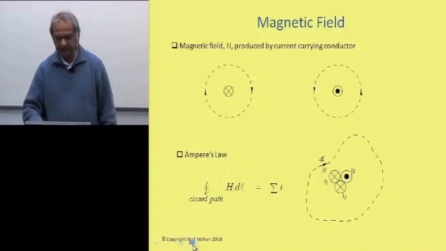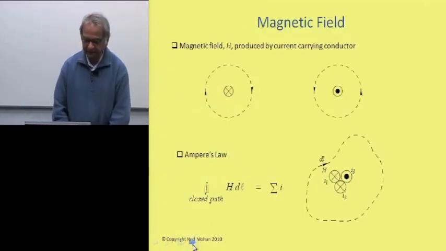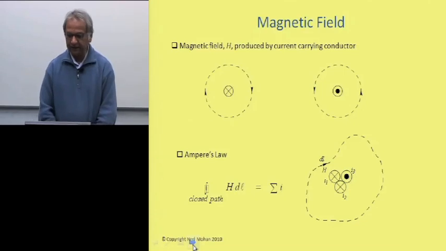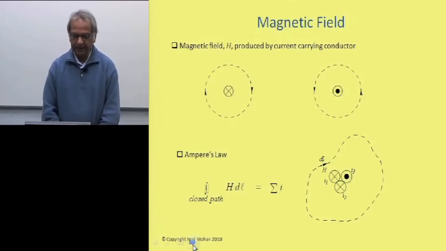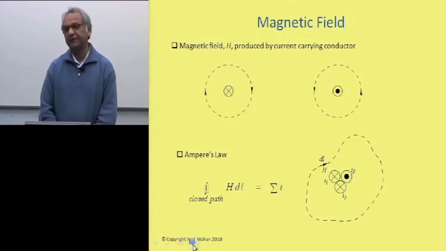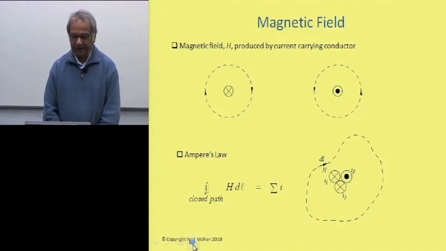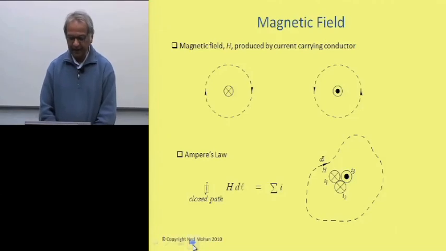So let's start with a very simple idea that if you have a current flowing through a conductor, it produces a magnetic field. The convention is that if the current is going into the plane, it is shown with this cross, the end of an arrow, and you can see the flux lines in the clockwise direction.